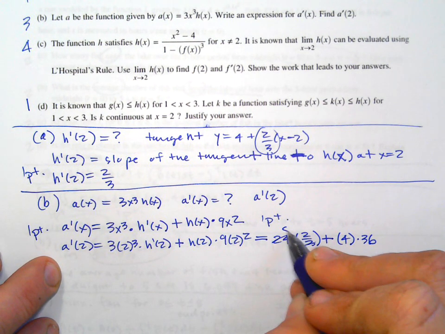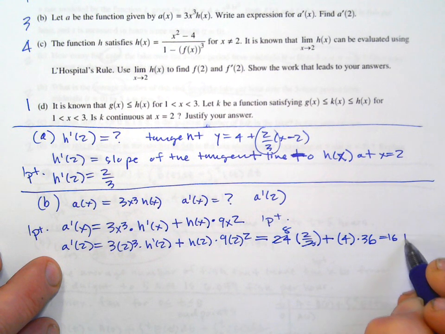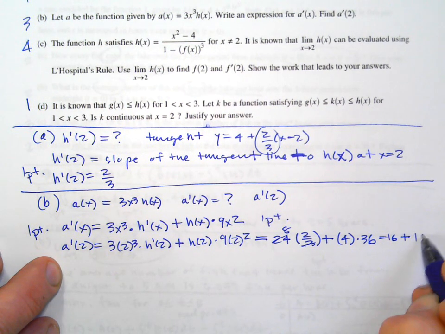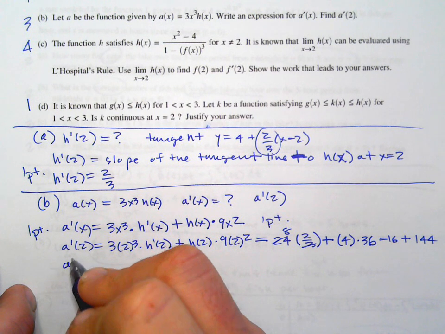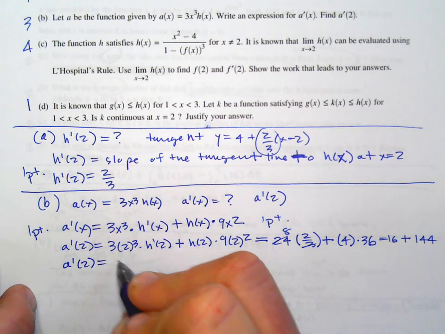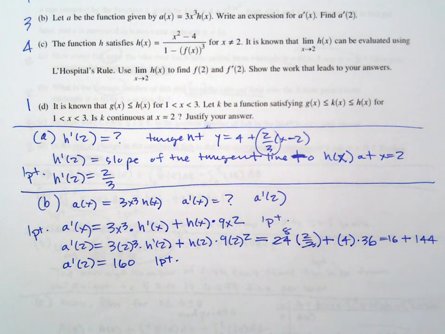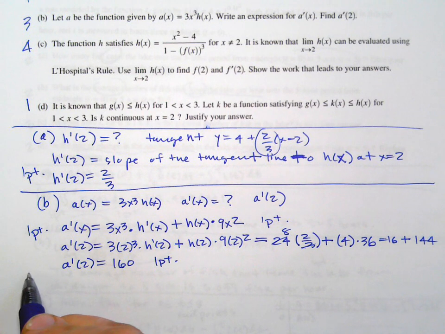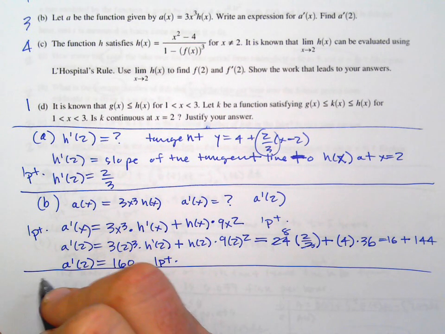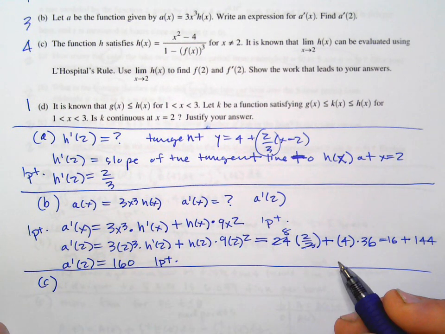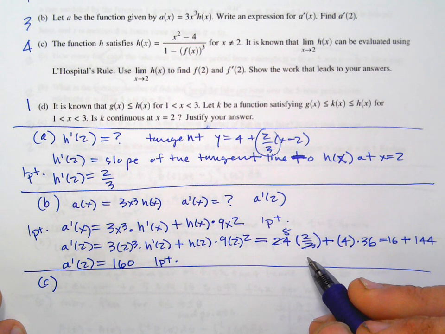So that's going to be 16 plus 144. So a prime of 2 equals 160. So that's a point. So there we go. Not bad. 3 points.